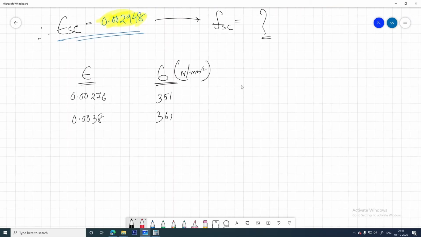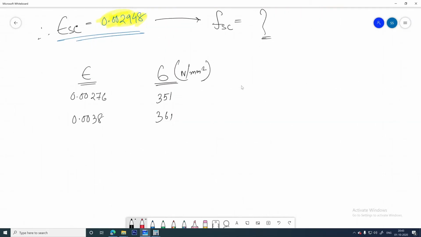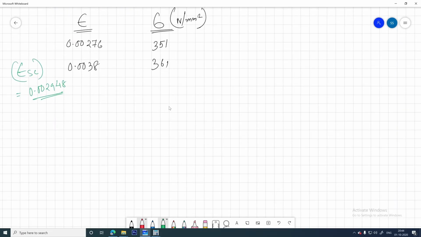So what will be the corresponding stress value for this 0.002948? When you make the interpolation, I hope you remember the formula of interpolation. I have said many times, for this strain 0.002948 we need to determine the stress.